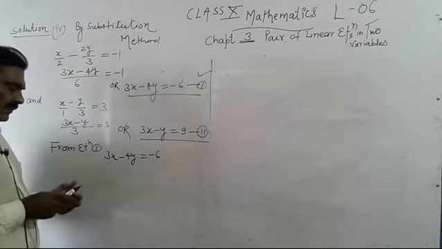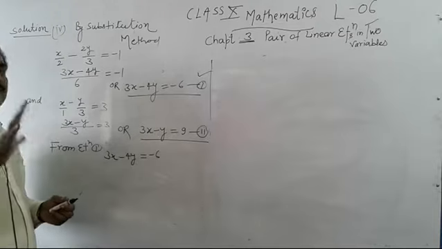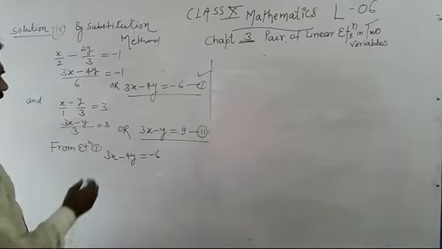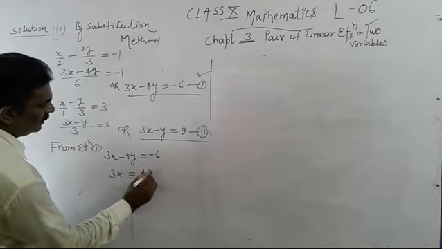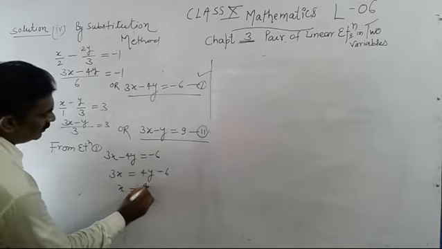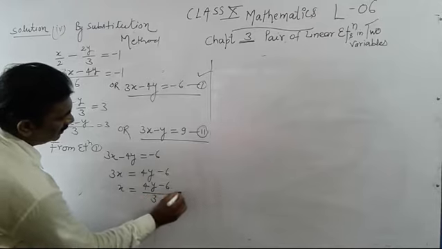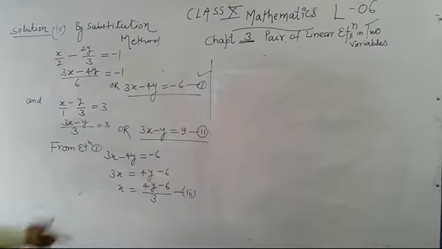From here we can have the value of x or the value of y in terms of the other variable. So we can write 3x is equal to 4y minus 6, or x is equal to 4y minus 6 upon 3. So this is the third equation. From this equation, we have the value of x in terms of y.